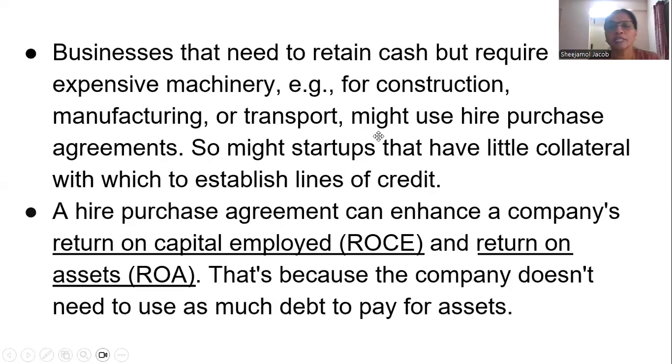Businesses that need to retain cash but require expensive machinery, for example construction, manufacturing, and transportation industries, might use hire purchase agreements. So might startups that have little collateral with which to establish lines of credit. So at that time, these businesses approach the hire vendor for purchasing their goods under the hire purchase system.